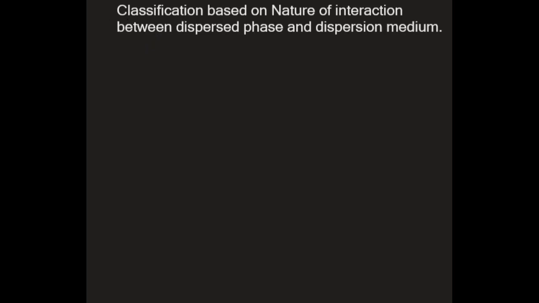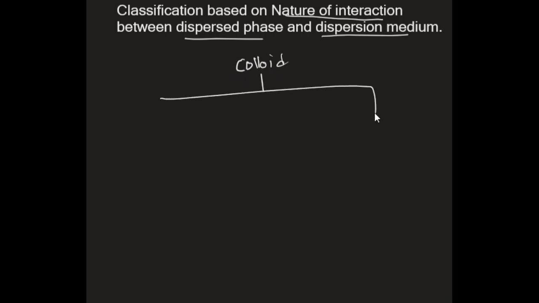Let us proceed with the classification based on the nature of interaction between the dispersed phase and the dispersion medium. So this colloid can be classified into 2 types in this case.